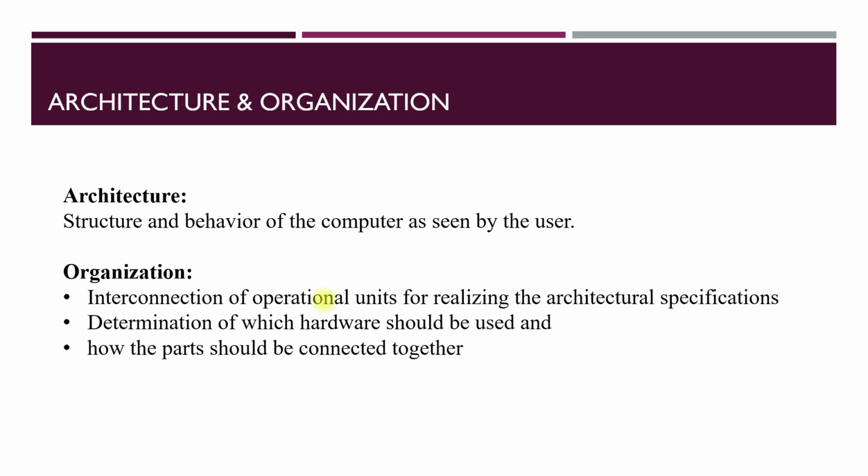And we will be able to understand the computer architecture in a better way when we go through the next few slides. And this organization is purely the interconnection of different operating units. So operating units, I have already explained to you: CPU, memory units, hard disk, different peripherals like keyboard, mouse, and all these are different units of a computer system.